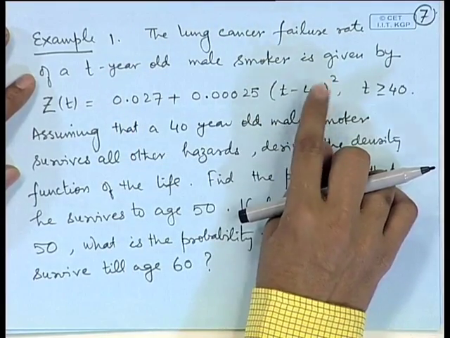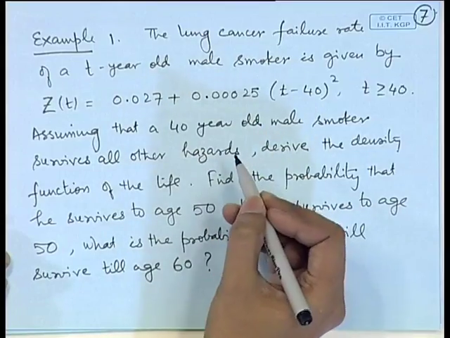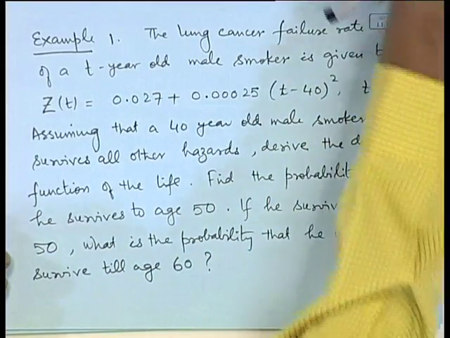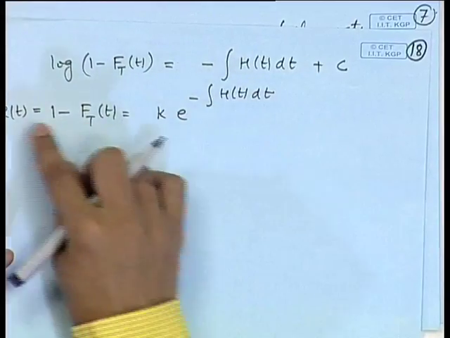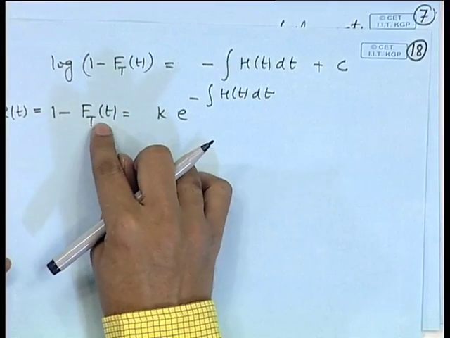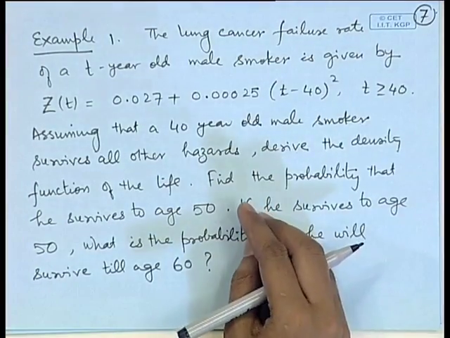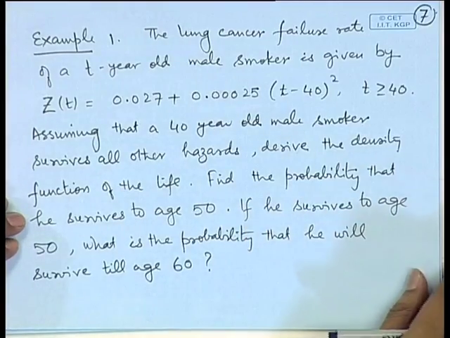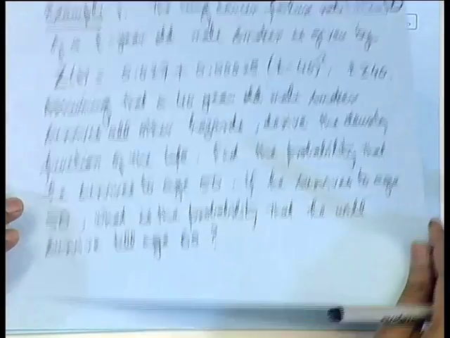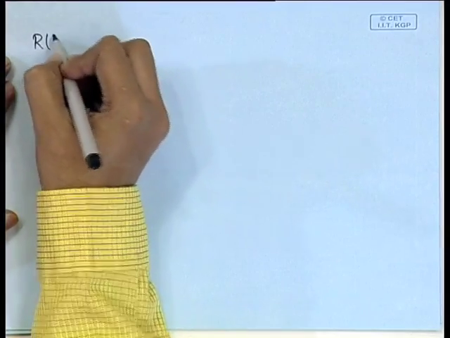So, from here you can make out that the distribution of the life of the T-year-old male smoker is given by a Weibull distribution. So, we can make use of the relationship between the reliability function and the hazard rate function to calculate the reliability function, hence the cumulative distribution function and hence the probability density function of the life. So, consider here R t.